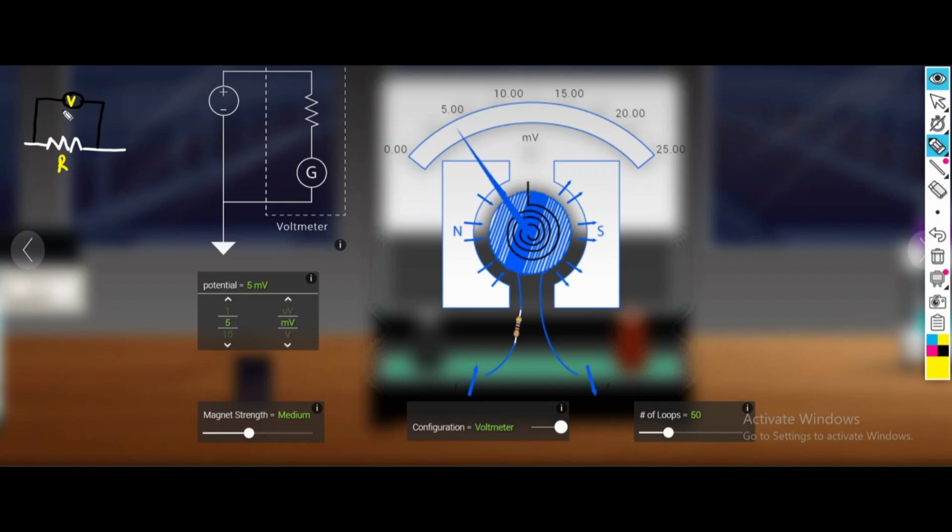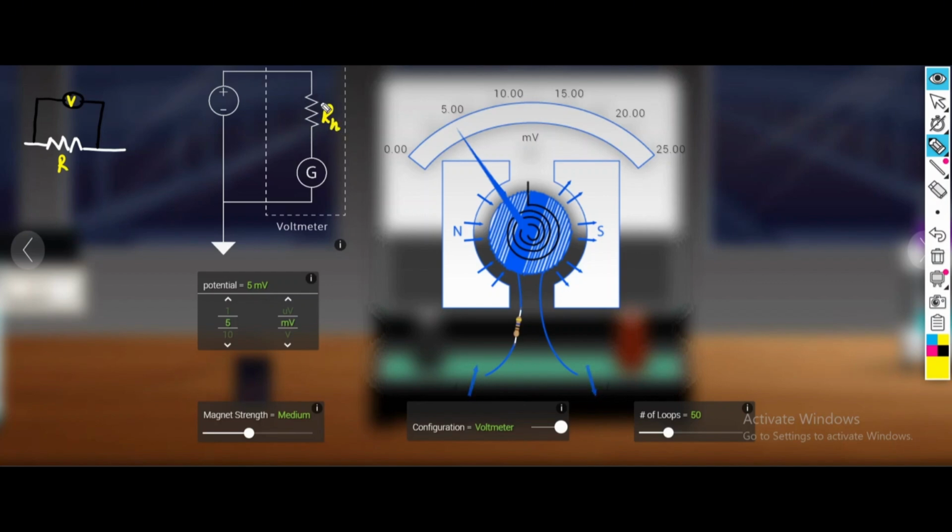Inside this voltmeter, we have the galvanometer, which is attached in series with another resistor. We call this resistor the high resistor, having resistance RH.